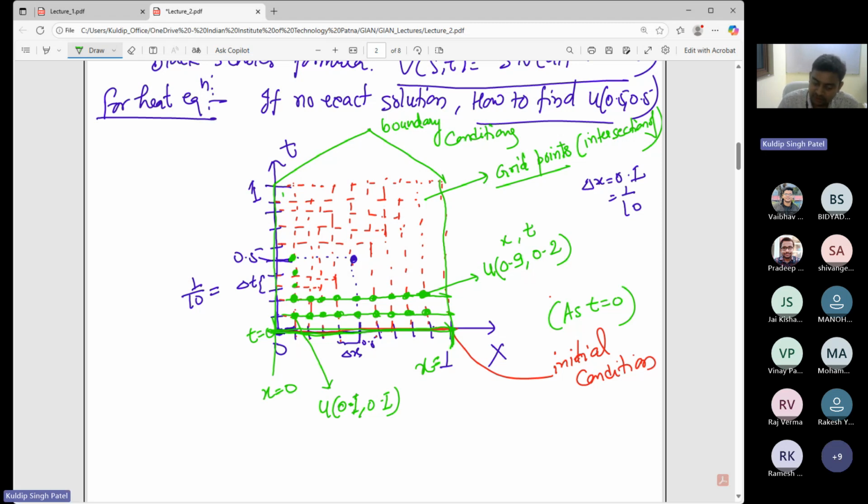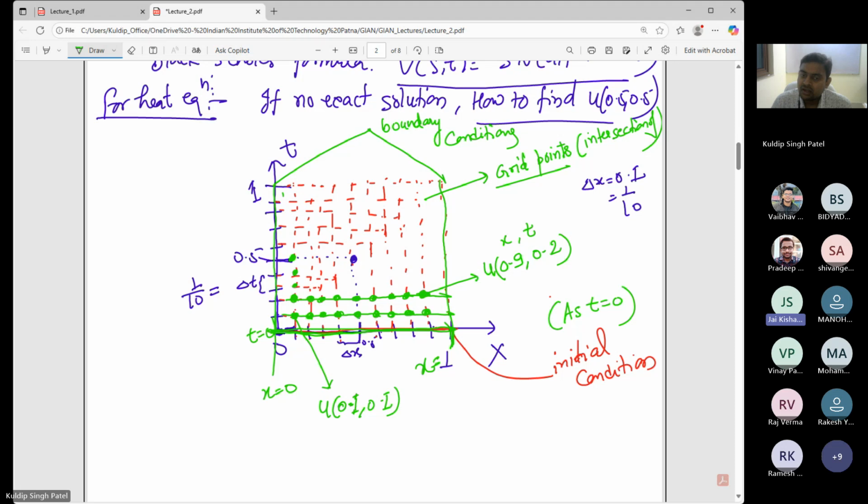Okay. So what we are going to do, everyone, let me just write a few things. Just a minute. Sir, one question, sir. Yeah, please. Sir, then there will be an infinite number of grid points if we go deeper inside.